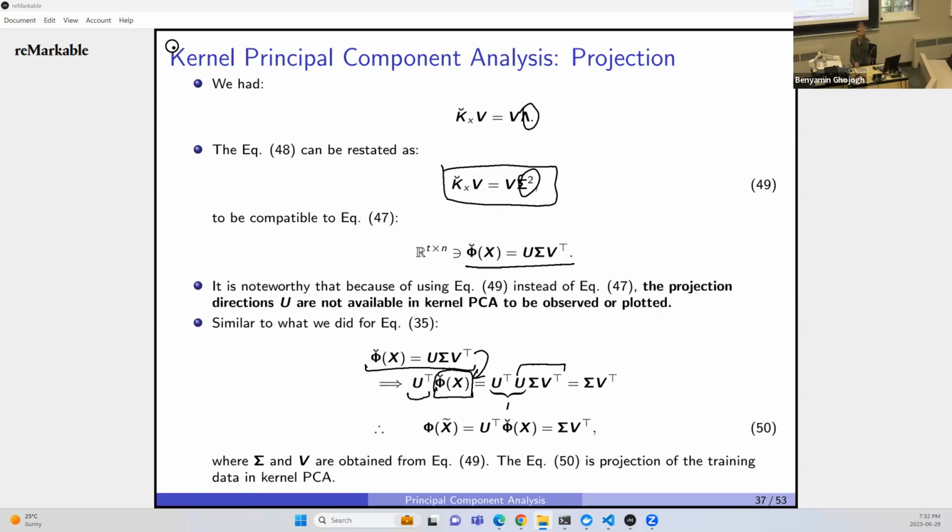U transpose U again becomes I, very similar to what we had in dual PCA, right? So it becomes sigma V transpose, exactly like dual PCA. So projection in kernel PCA is the same as projection in dual PCA, right? Projection of training data only.